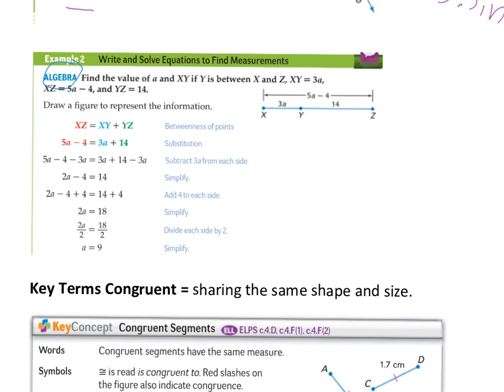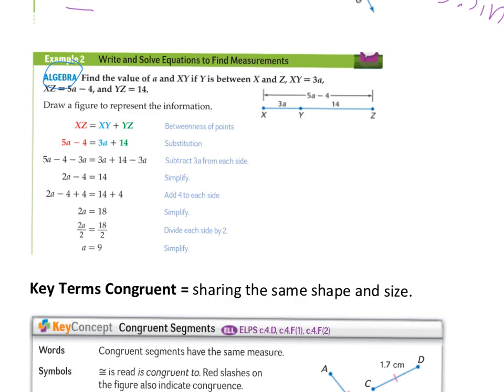The full distance is 5a minus 4, whereas the partial distances are 3a and 14. Well, now we have our setup of 5a minus 4 is equal to 3a plus 14. At this point, folks, you should know to combine like terms and simplify down to the variable on one side and some number on the other.